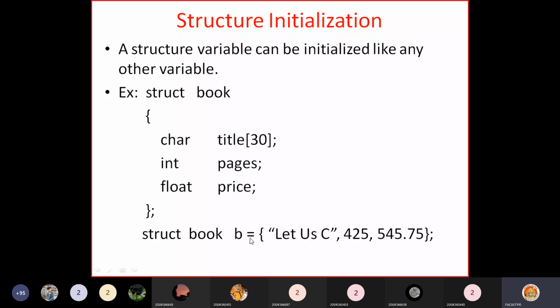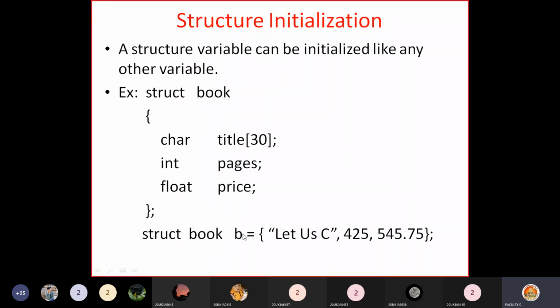So B equals, use the assignment operator, and because you are supplying more than one value, you must enclose the values in braces, left brace and right brace. Then you supply all the values for the members defined. The first one is the title, so I give the name of the book as C, comma, then the number of pages 425, then the price 545.75.